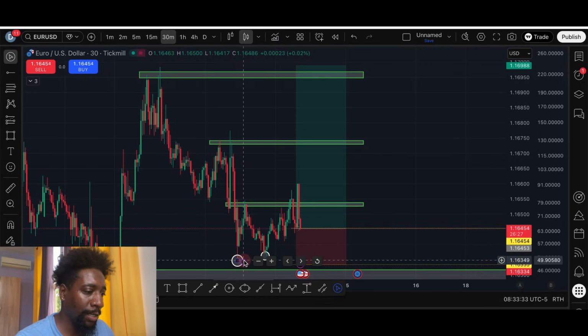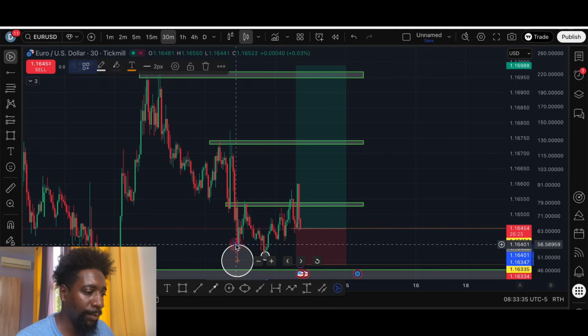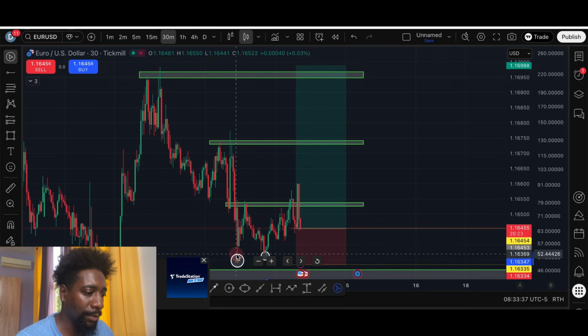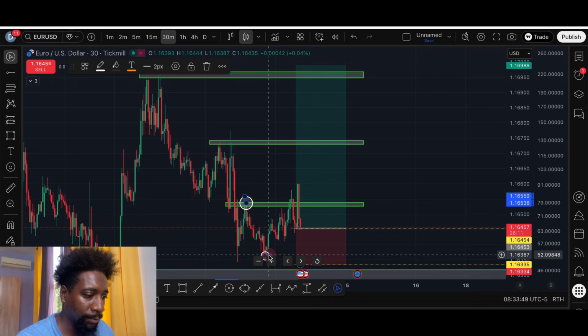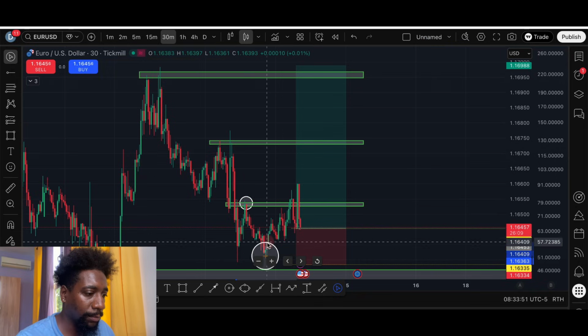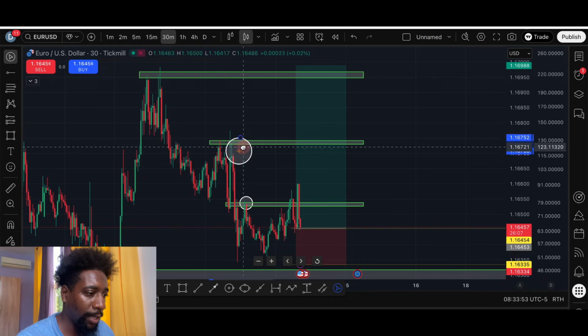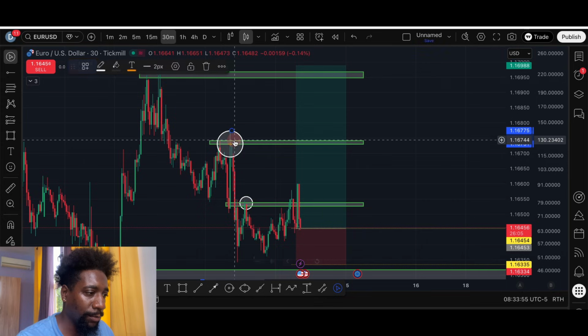And as you see here, all right, let me move this for you guys so you guys can see. So this is the area that I chose for take profit 1. This is an area for take profit 2.